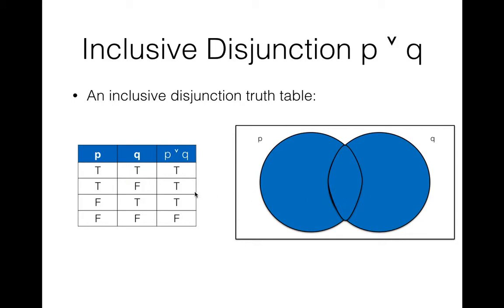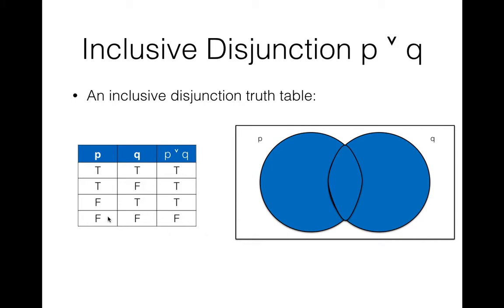If P is true and Q is false, then the inclusive disjunction is still correct, because one of the statements is true, and we're saying either or. That would sit in this area here. If P is false but Q is true, then the inclusive disjunction is still true, because that's this area here. We've still got one statement correct.